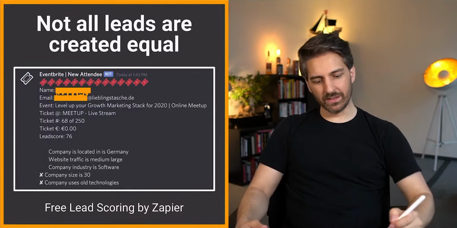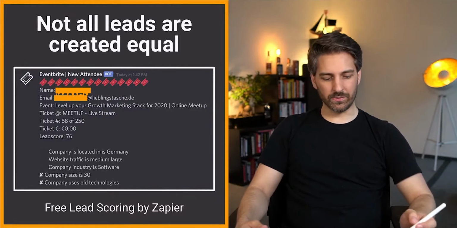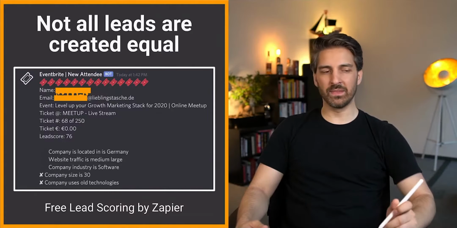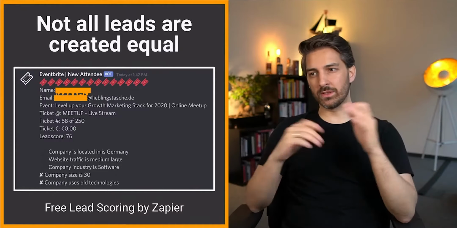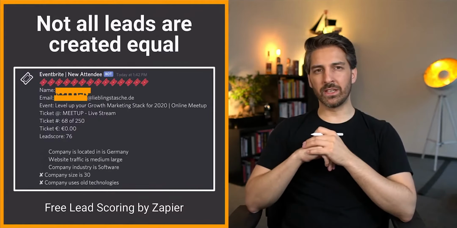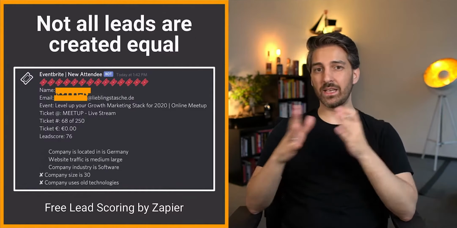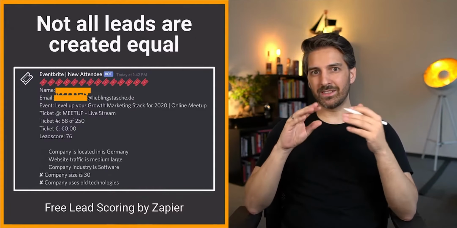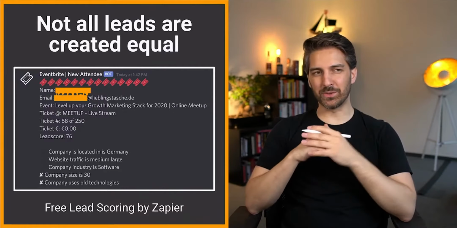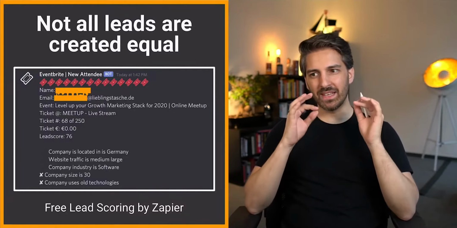And it was ticket number 68 out of 250, and it got a lead score of 67, which is pretty high. It's a scale from 1 to 100 provided by a tool, a complete free implementation of Mad Kudu by Zapier. So Zapier has some limited free access to a very expensive lead scoring tool called Mad Kudu, and it gives you that.